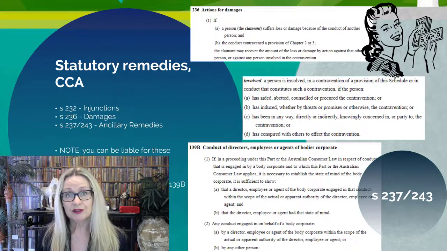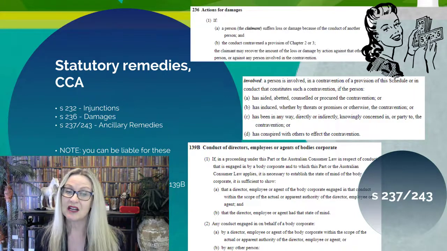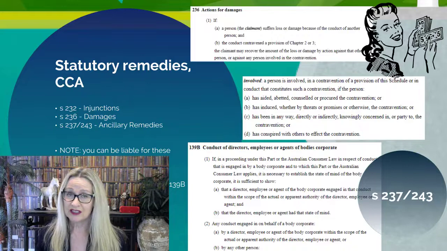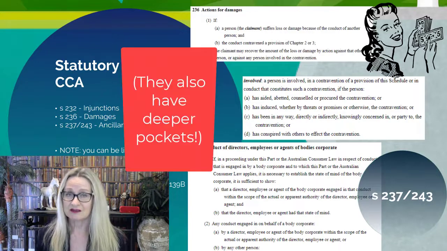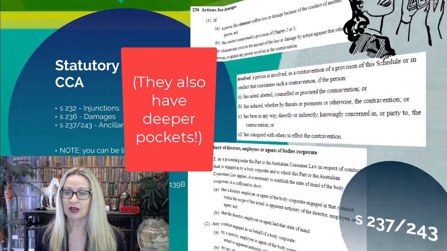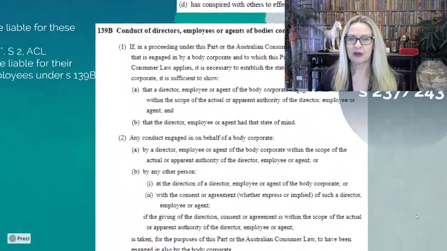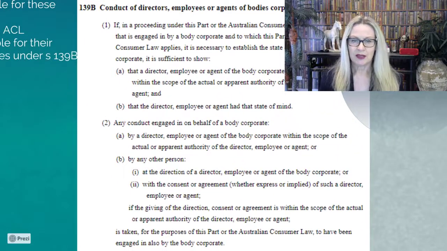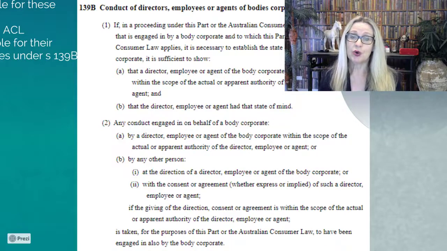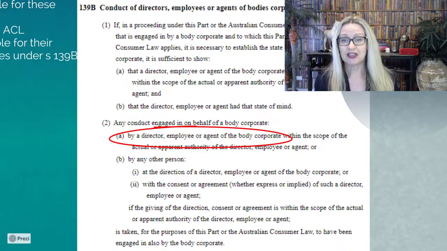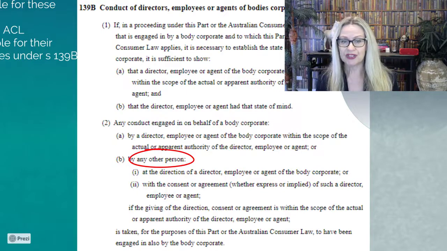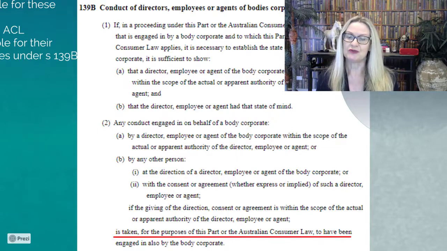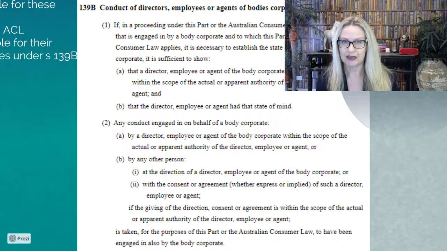The other thing to note is that companies are liable for the misleading conduct of their directors, employees, servants, agents, and that kind of thing, okay? So you'll see in section 139B sub 2, any conduct engaged in on behalf of a body corporate by a director, employee, agent, or so on, or any other person acting within the scope of their authority is taken for the purposes of this part to have been engaged in by the body corporate, okay? So the company will be liable.